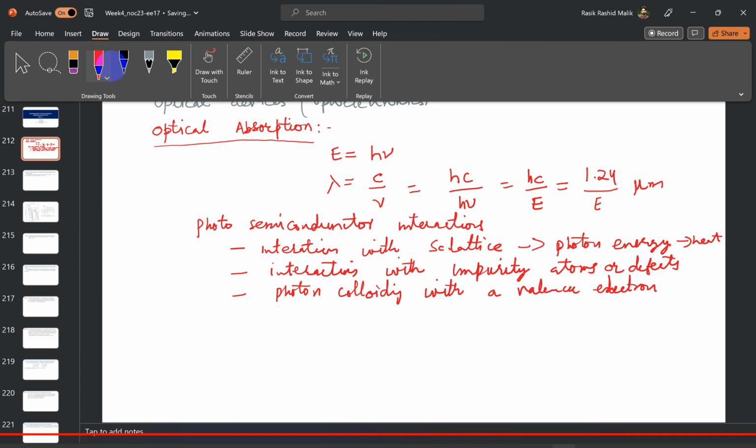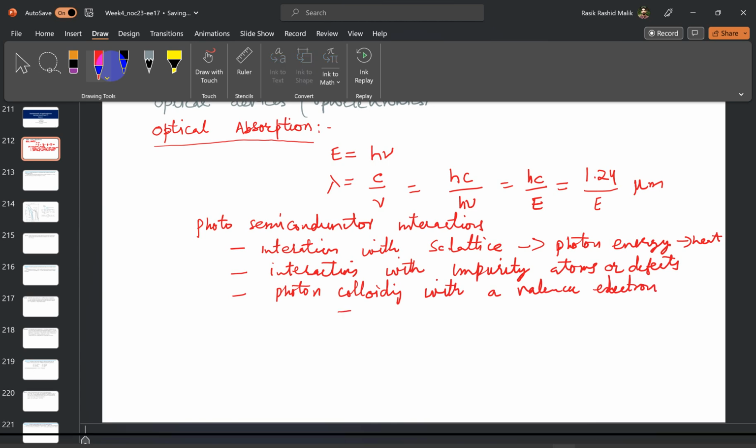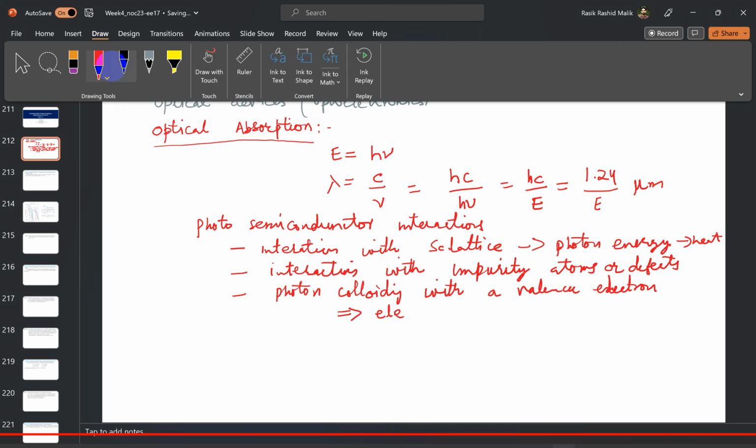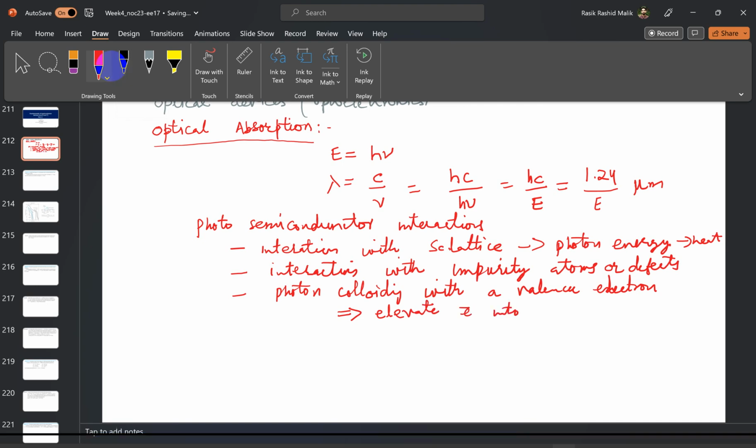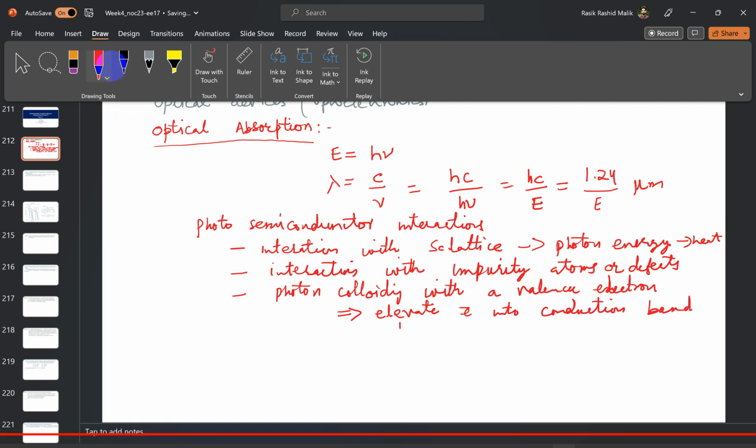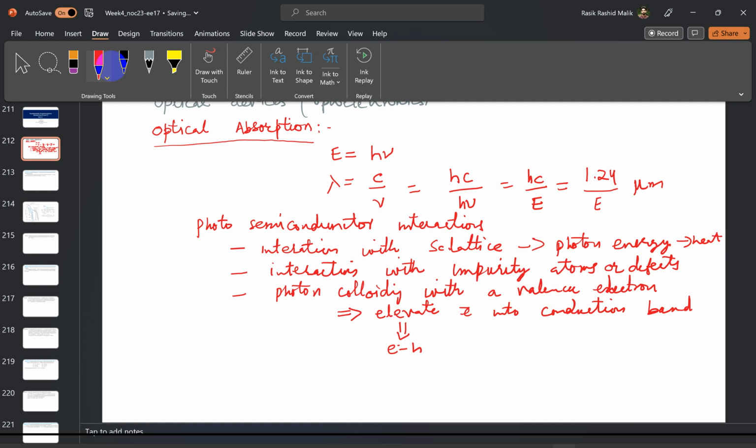When it interacts with the valence electron, it elevates it. The electron goes from the valence band to the conduction band. If that happens, then the outcome will be an electron hole pair, or the excess carrier generation.